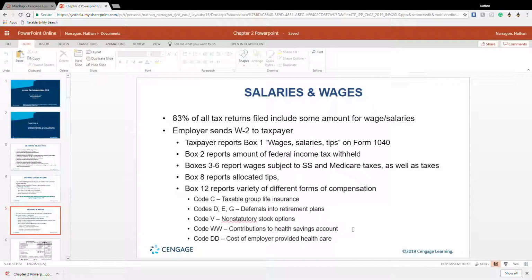And code DD is cost of employer provided health care. Most likely the code that you're going to see more often is code DD, and let's just say that's a cafeteria plan. Employer provided health care, especially with the big companies, especially since that was part of Obamacare that said that employers had to, if they're so big. So you usually will see a code DD.